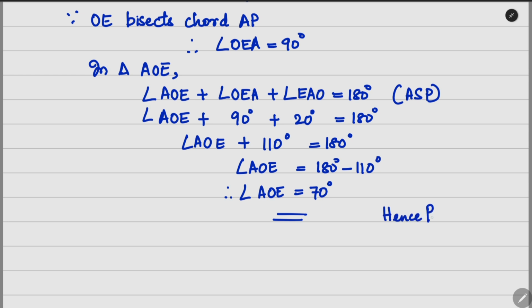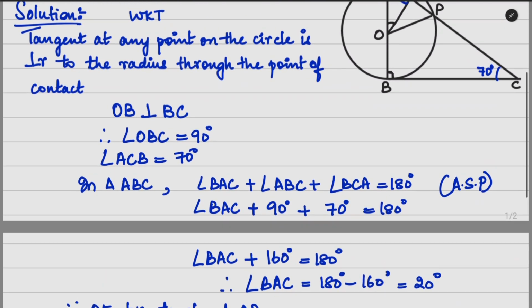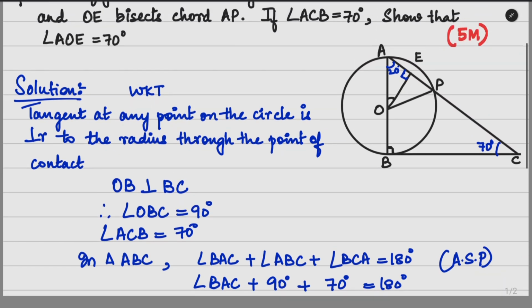Hence proved. Now, if you have done till here with all of these statements written, you get 5 marks here. So how is the mark distribution? The very first 1 mark is if you are writing this part correctly, that the tangent at any point on the circle is perpendicular to the radius through that point of contact, 1 mark for it.